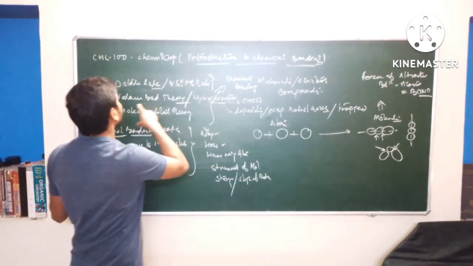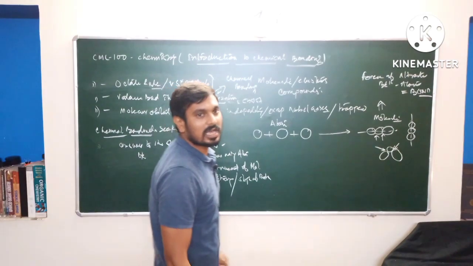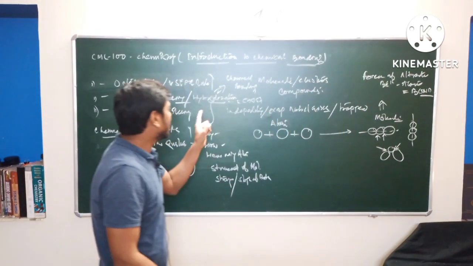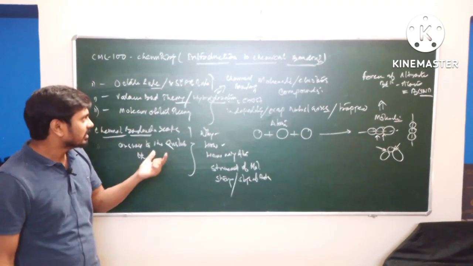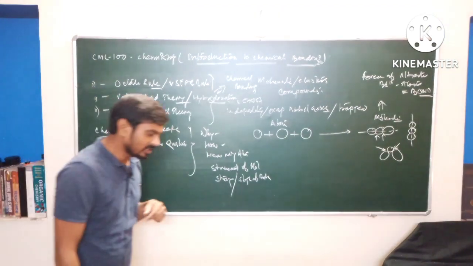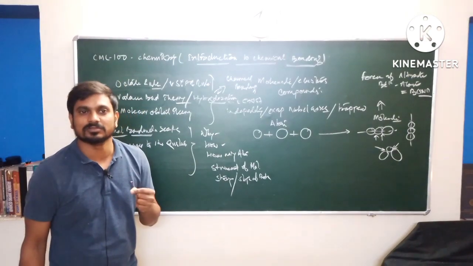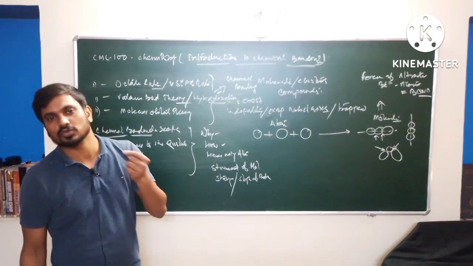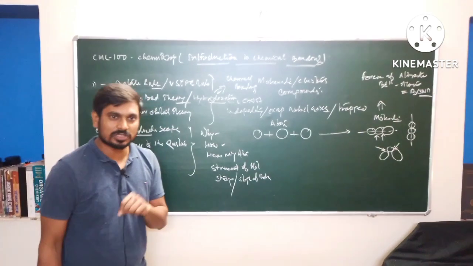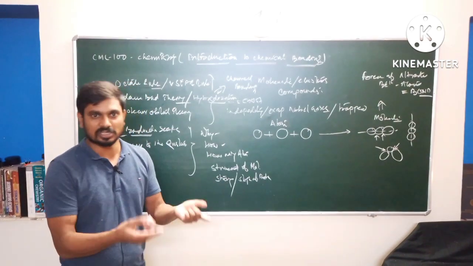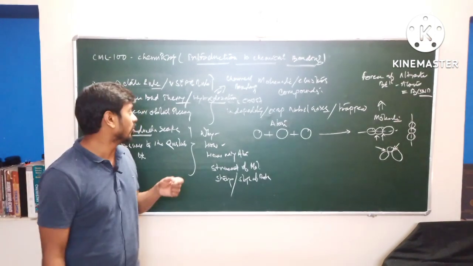Hybridization. Valence bond theory uses a concept or hypothesis of hybridization. Based on this hybridization, valence bond theory is able to tell how many atoms will be associated with the central atom, which leads to the structure of the resulting molecule in the whole process of chemical bonding.